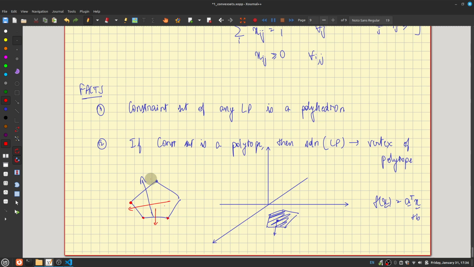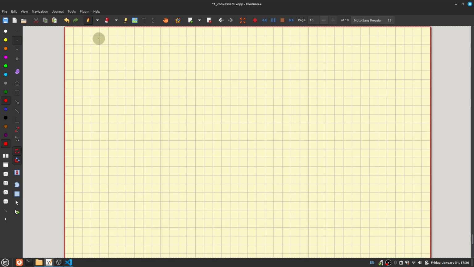Right? So the third fact is that the vertices of this particular constraint set happen to be equal to the set of permutation matrices.